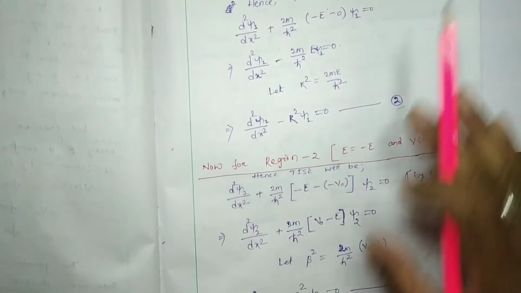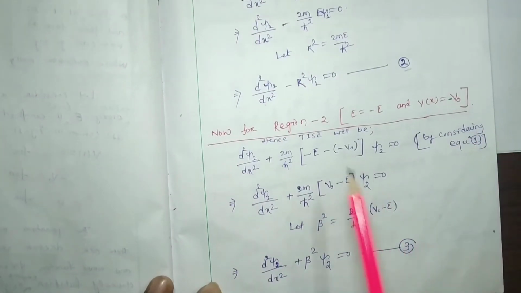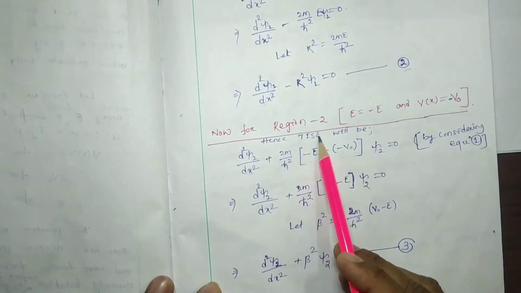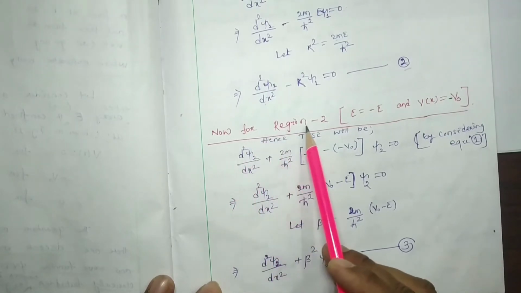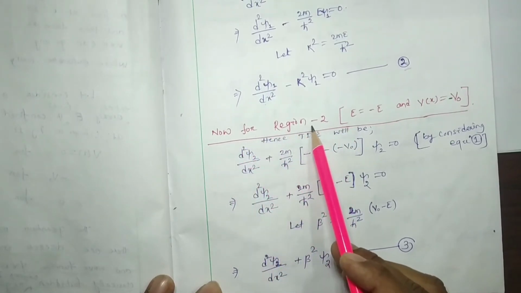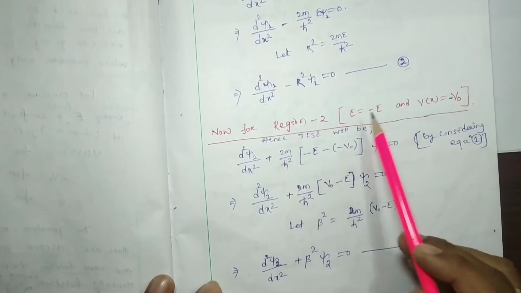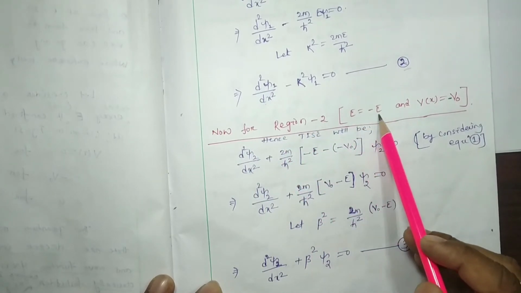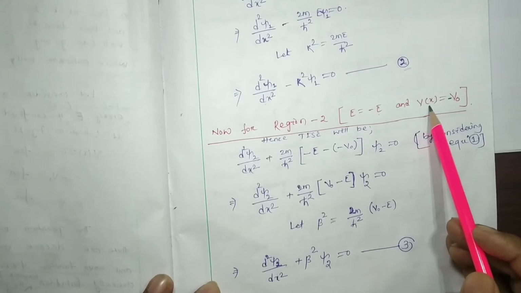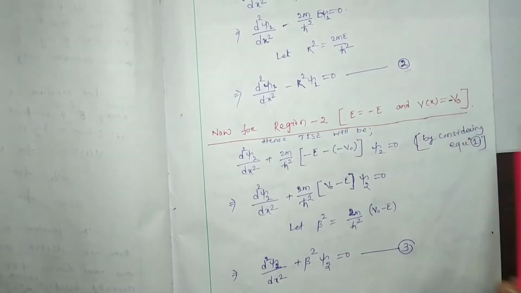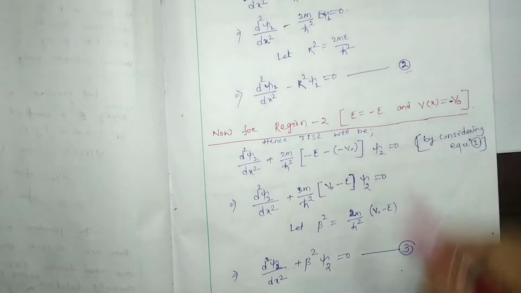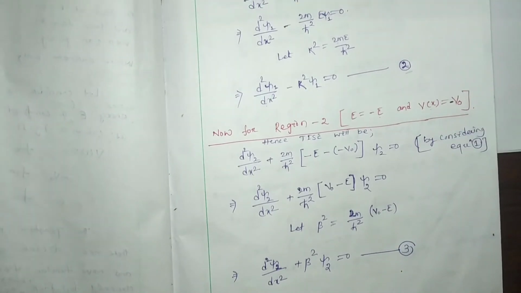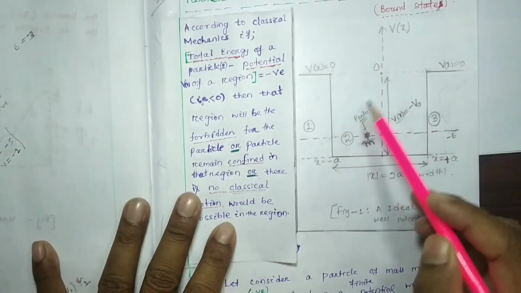Now we have to consider region 2 and its corresponding time independent Schrodinger equation. For region 2, the total energy is minus E, and Vx is minus V0. We have to check the figure. See, this is our region 2.